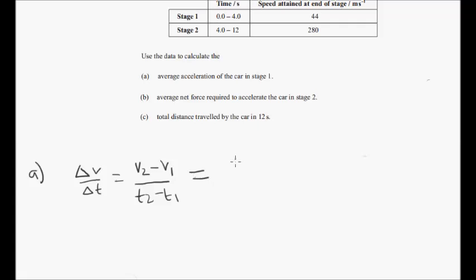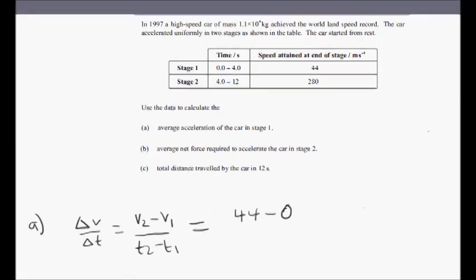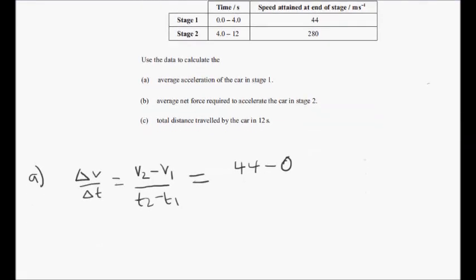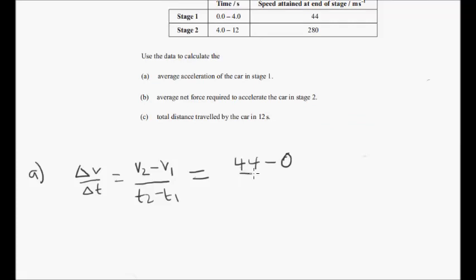So we have 44 minus 0, and we know that v1 is 0 because the question said that the car started from rest, which means that it starts at the velocity of 0. So 4 minus 0. Good. So this simplifies to 11.